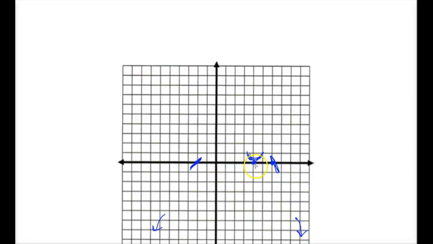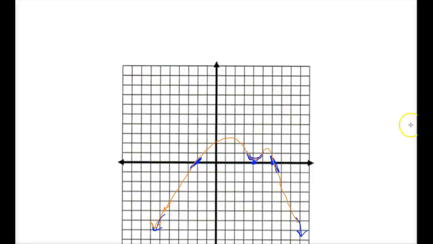Okay. And so if we were sketching a graph of this, it would look something like this. So we would start down here. The graph would kind of go like this, come up, bounce off, come up, go back down, and look like that. Okay.